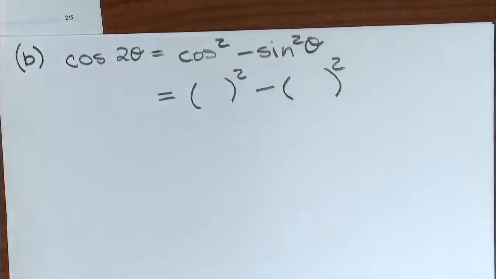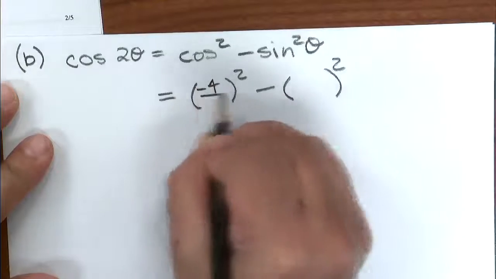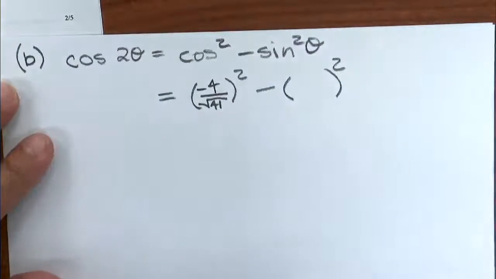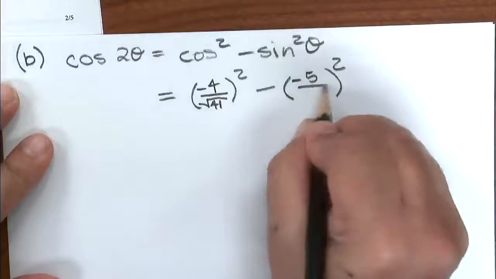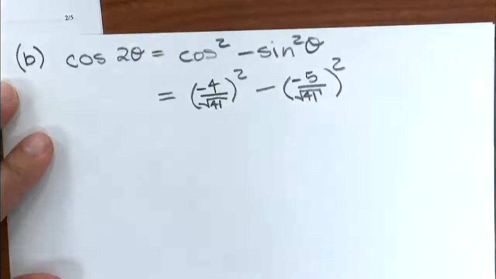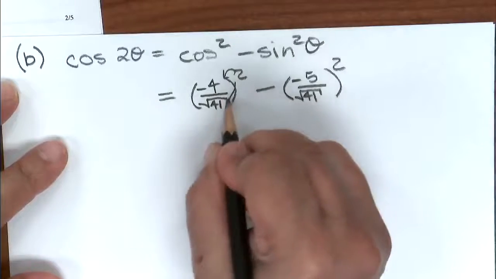Cosine was, in this picture that I just developed, negative 4 over square root of 41. And then the sine was negative 5 over square root of 41. So there's everything dumped in. Square the top as well as the bottom.